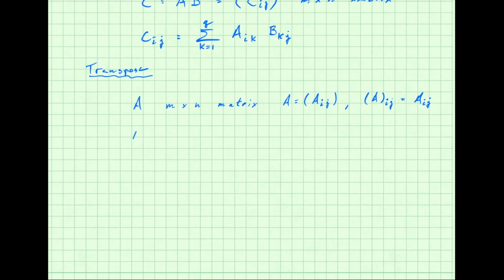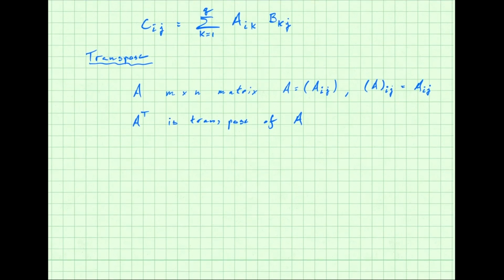So the transpose of a matrix A is written like this, A with a superscript of capital T. And so this is called the transpose of A. And it has dimensions n by m.